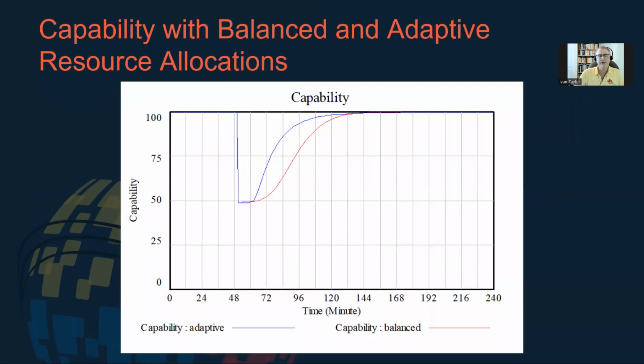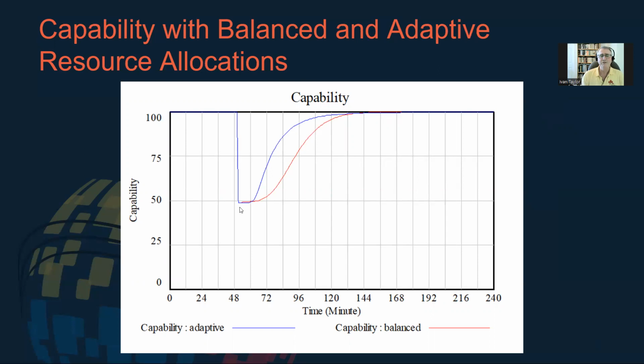This shows the output or the final result from the model of the behavior over time of a system capability, which at time 0 is at 100%, and then at time 50 suffers a cyber attack that degrades the capability by 50%.